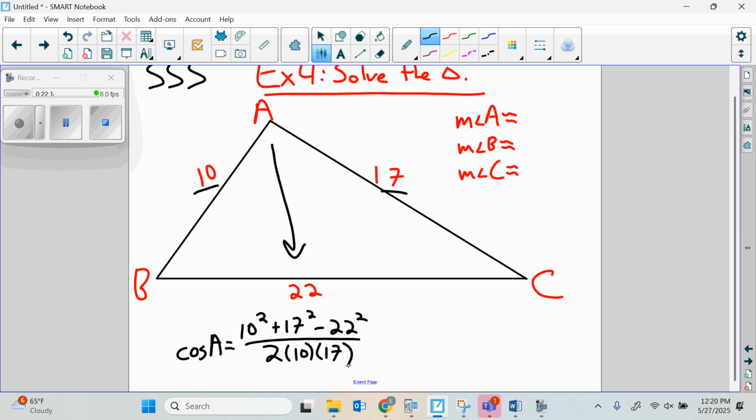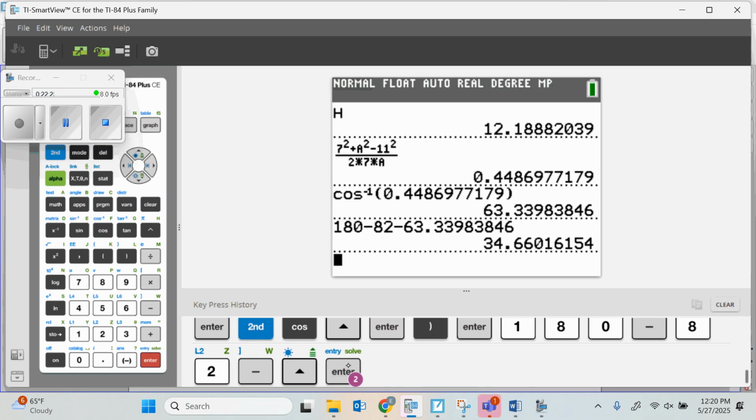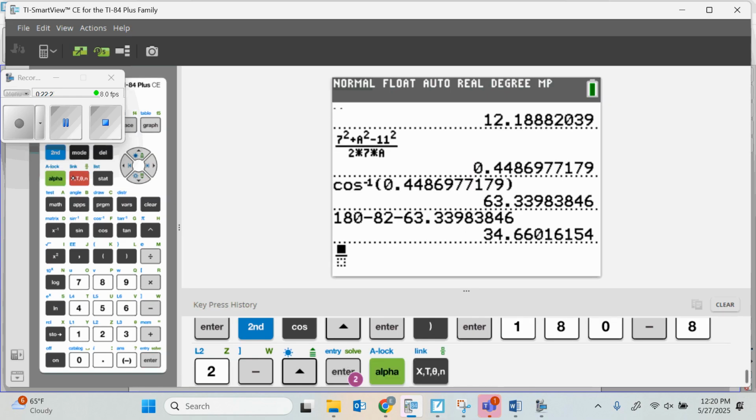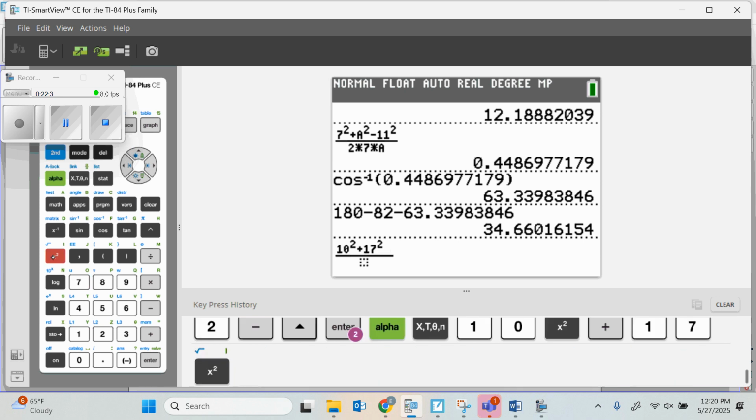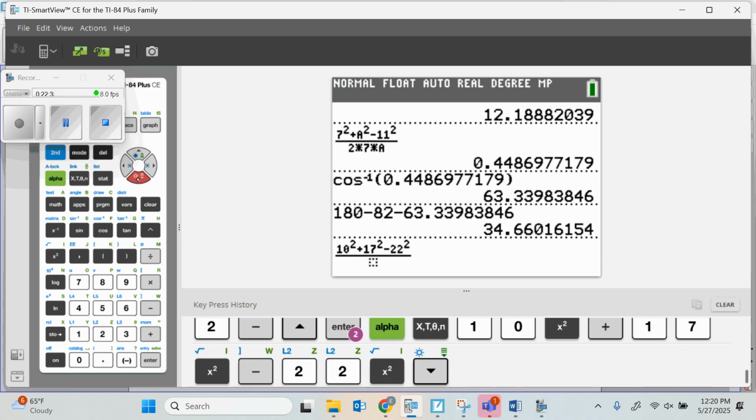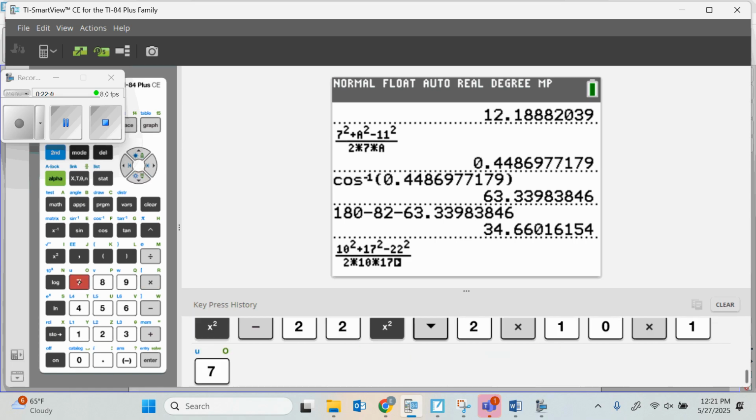I'm going to type that whole thing into my calculator, and then I'm going to do the inverse cosine of it to figure out what angle A is. So watch how I do that. You should be getting used to this by now. I'll do my fraction bar. I got 10 squared plus 17 squared minus 22 squared over 2 times 10 times 17.